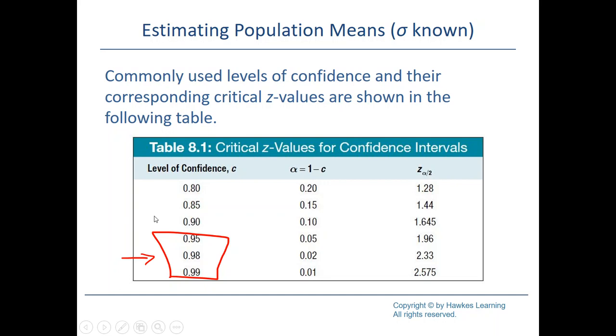Keep in mind that if I have a confidence level of 80%, my alpha is going to be 20%, and half of that is 10%, and I'm looking for the z value for that 10% area. So these are the z values that correspond to these alphas.